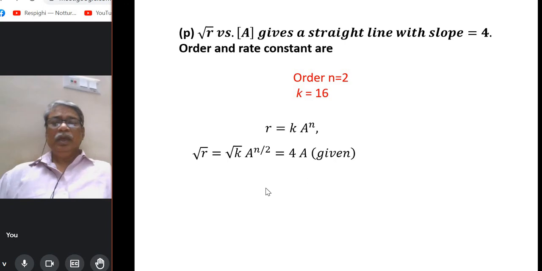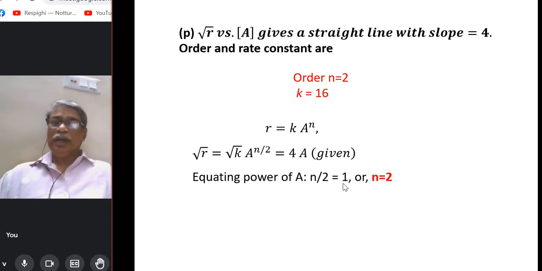So if we equate, root k would be 4 and a to the power n by 2 is a. So let us equate one by one. a to the power n by 2 is a, that means n by 2 is 1. So n is 2. And root k is 4. So k is 16, right?